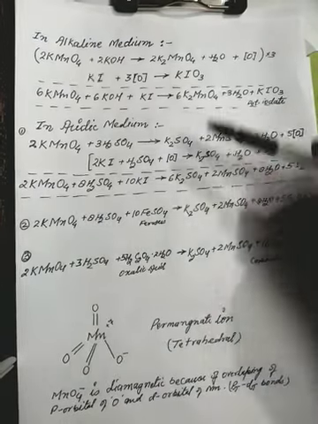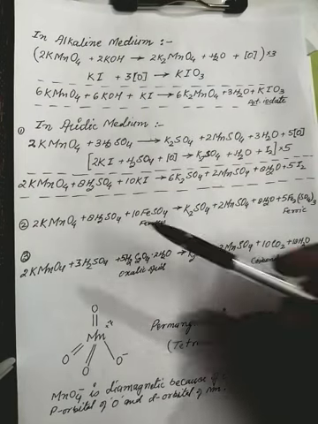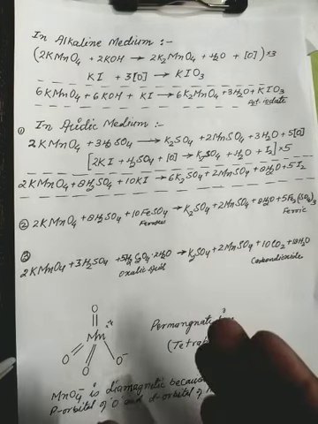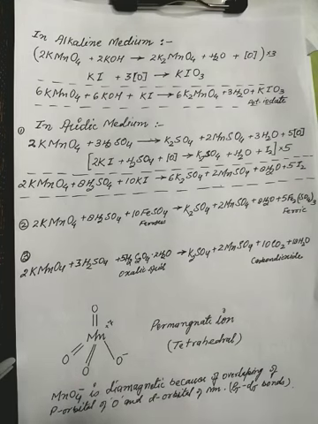Now you can see the change with the medium. In alkaline medium, potassium permanganate oxidizes potassium iodide KI into potassium iodate, but in acidic medium the same substance oxidizes KI into I2. This is the difference of the medium.